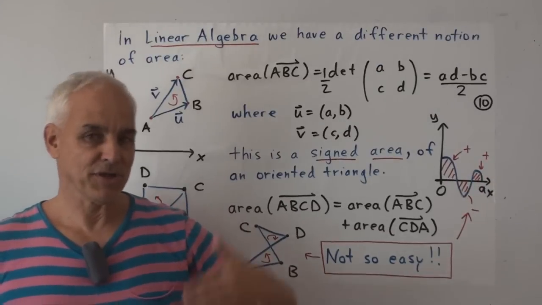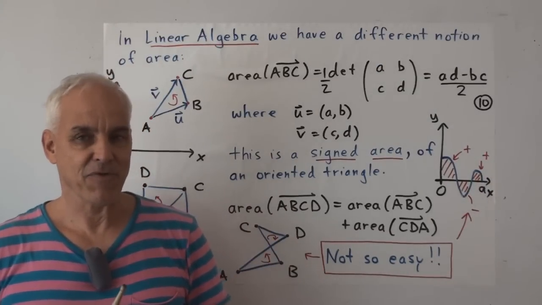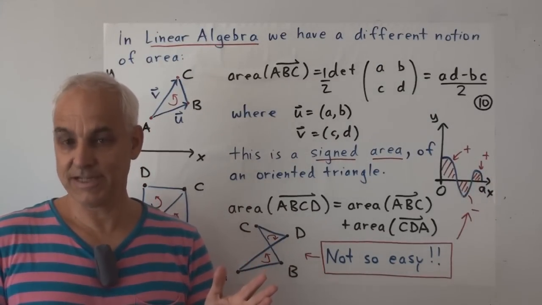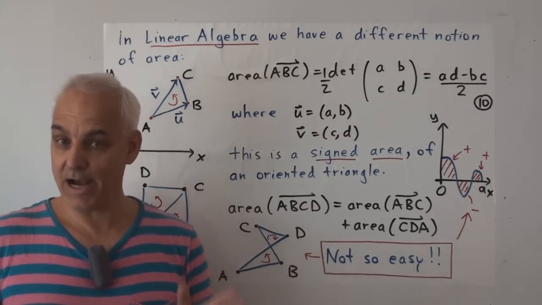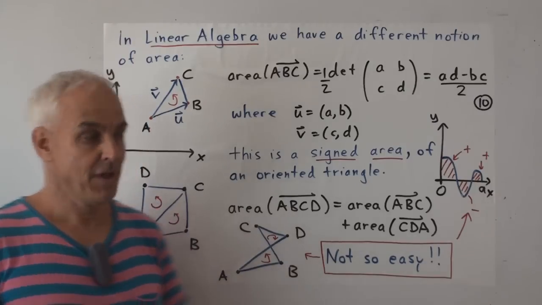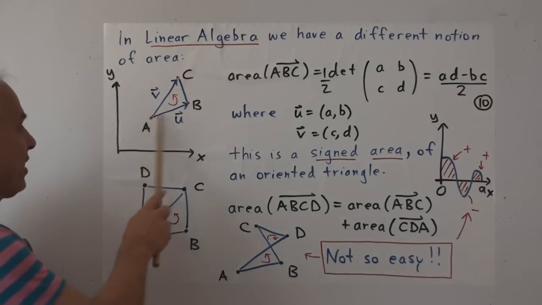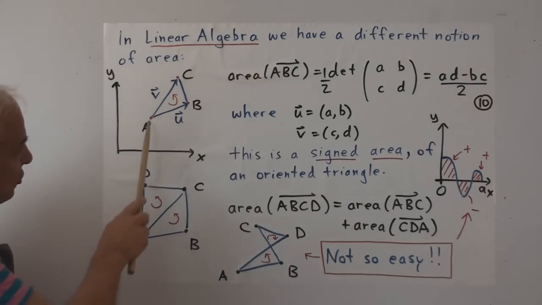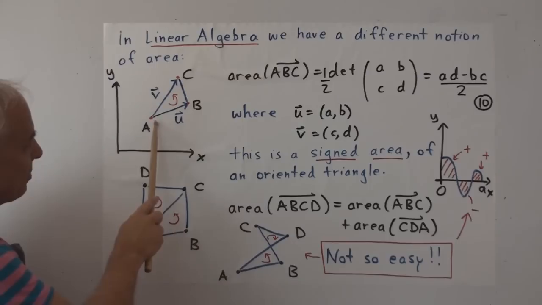All right, so when we go to linear algebra, we discover that there's an alternate, seemingly different way of thinking about areas. So in linear algebra, we may have a triangle ABC, and we'd like to describe this triangle in terms of vectors.